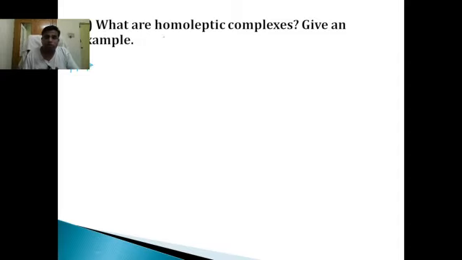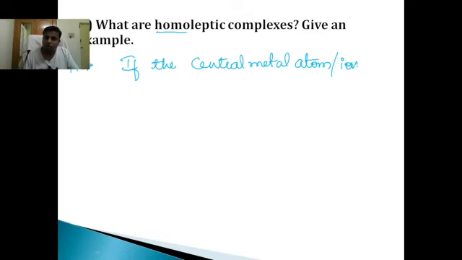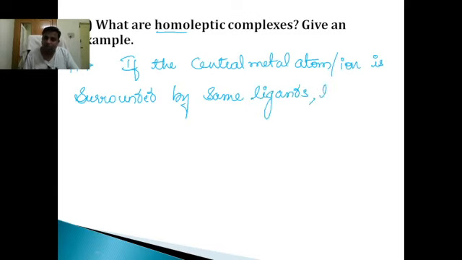So what are homoleptic complexes? Homo means same. If the central metal atom or ion is surrounded by the same ligands, then the complexes are called homoleptic complexes.